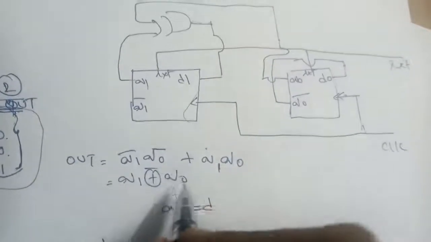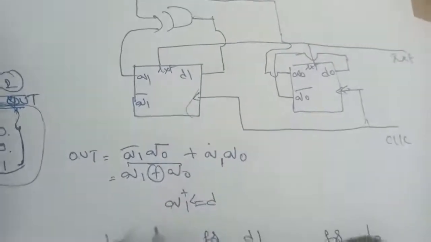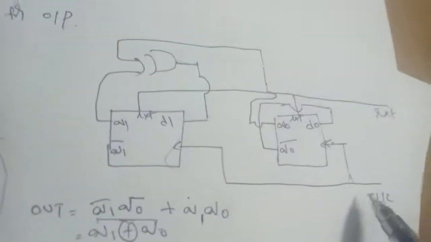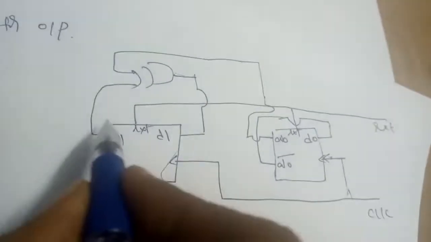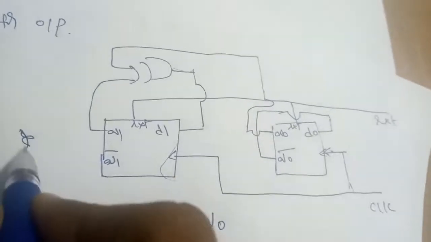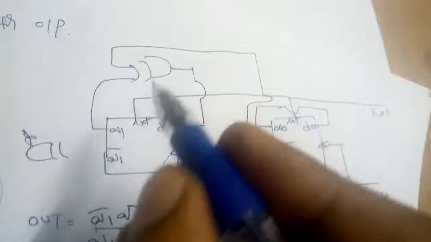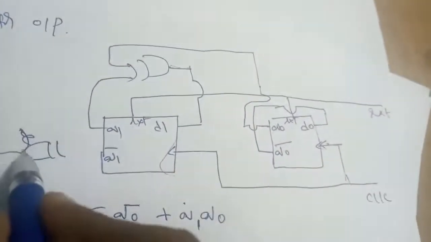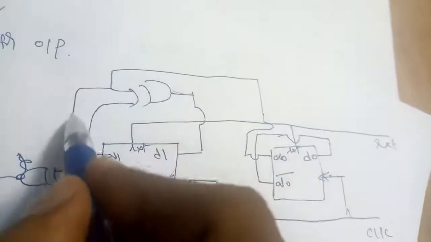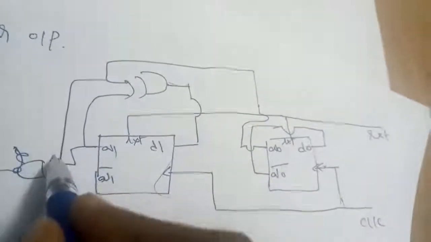Now from this, Q1 XNOR Q0, for the same counter which we have designed, we have to connect this output circuit. Take an XNOR gate, connect Q1 and Q0 to it, and its output is out.